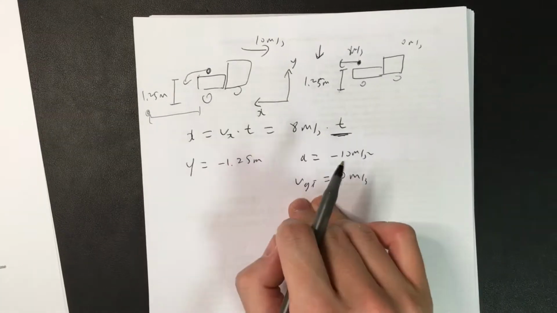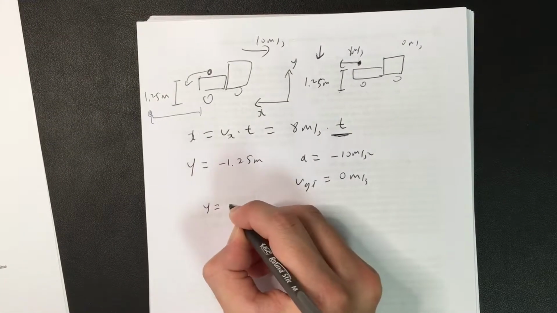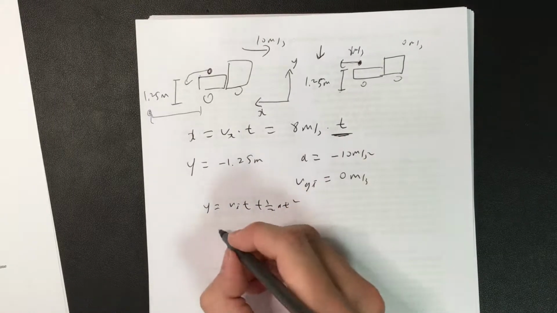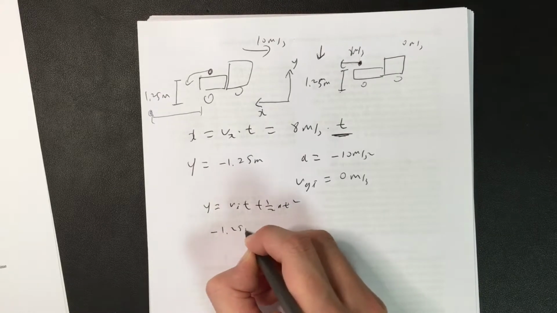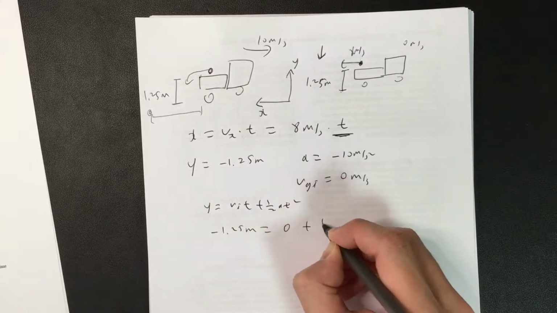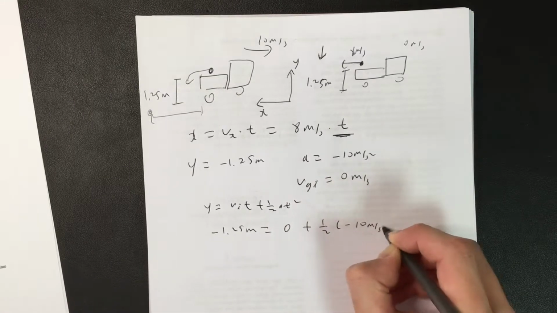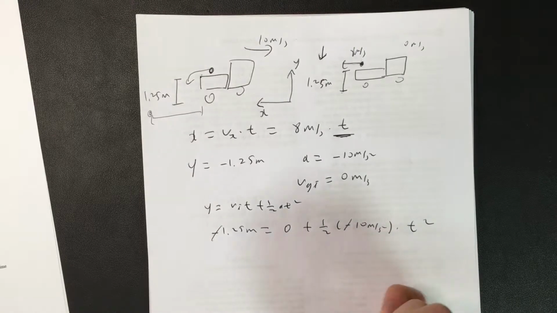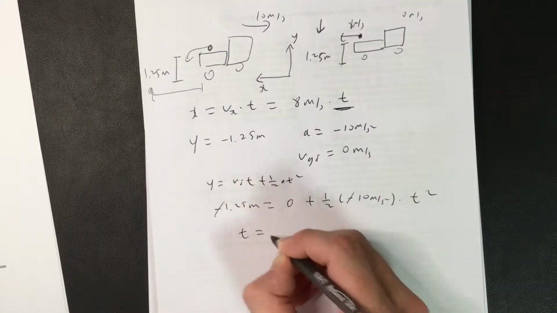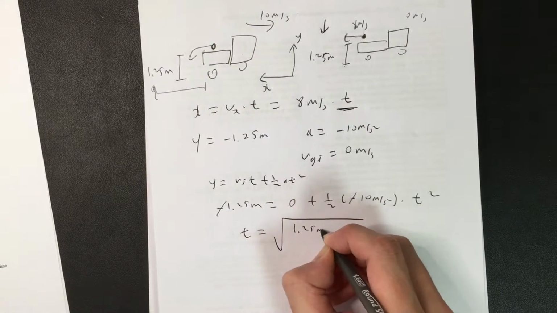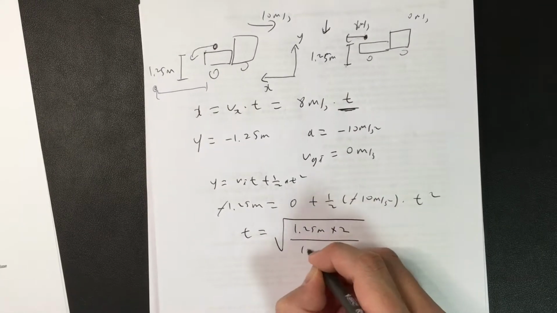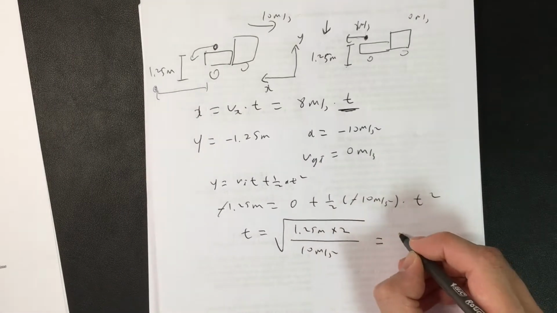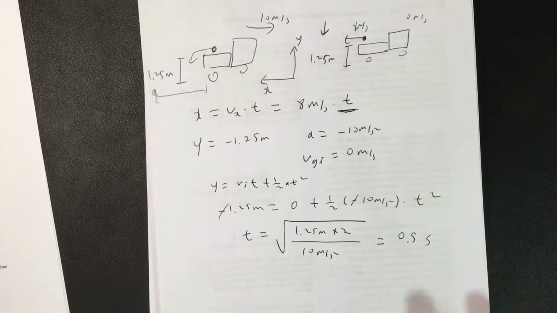From this, I'm going to use the third kinematics equation, which was y equals v initial t plus 1/2 a t squared. In this case, it would be negative 1.25 meters equals 0 times t plus 1/2 times negative 10 meters per second squared times t squared. I can cancel off the negative signs, in which solving for t, I get t equals square root of 1.25 meters times 2 divided by 10 meters per second squared, which if I plug into the calculator becomes 0.5 seconds.